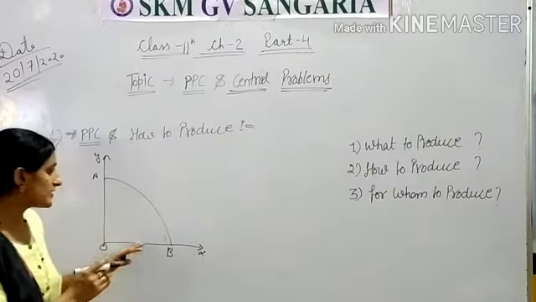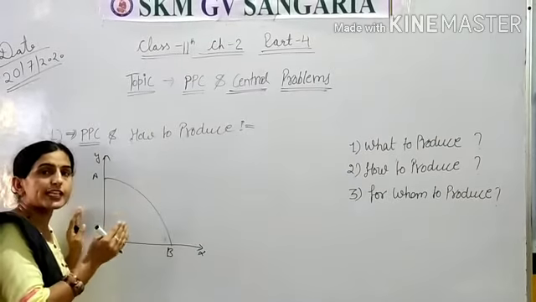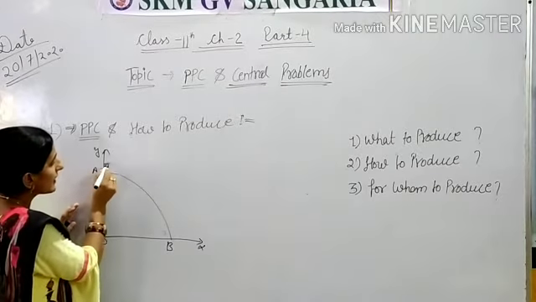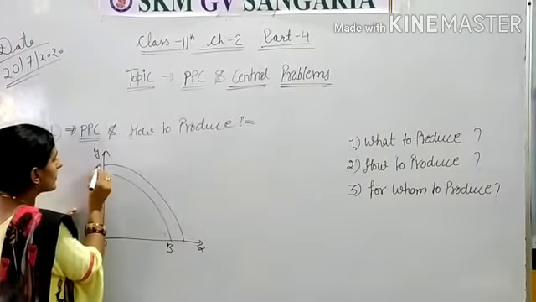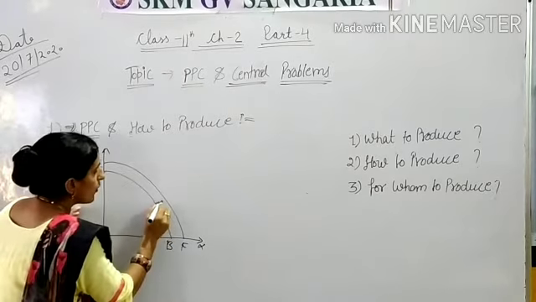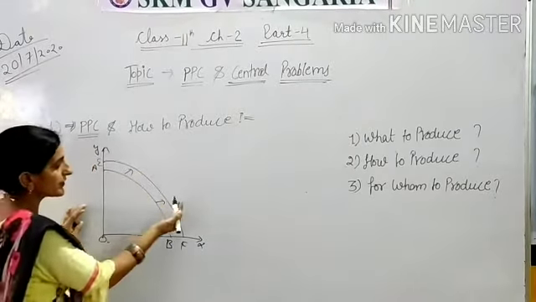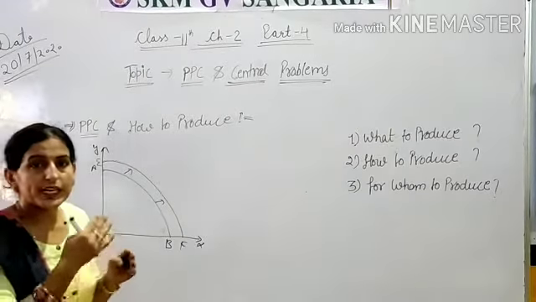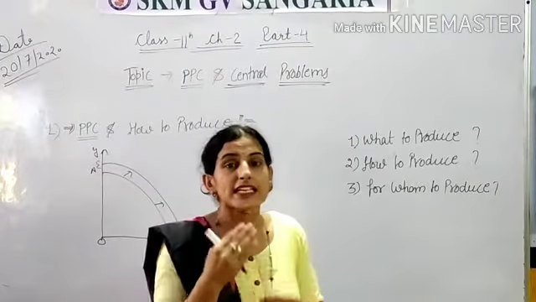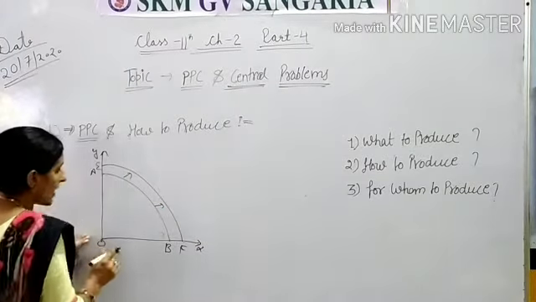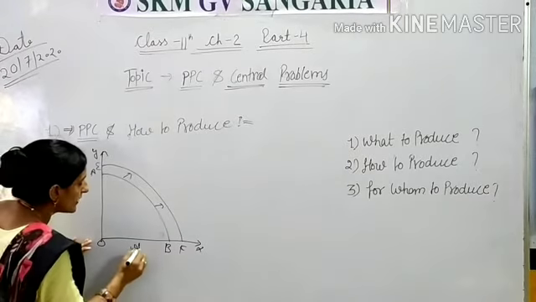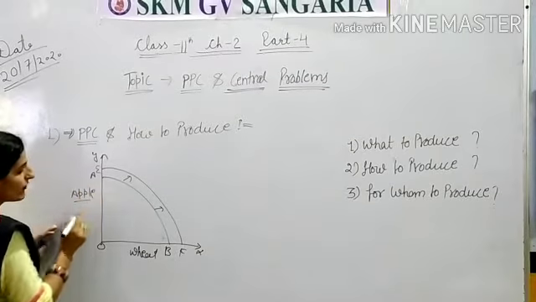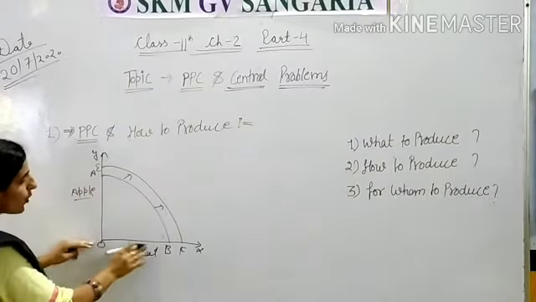So if a country goes from traditional technique to modern technique, we can say the capital intensive technique, then the AB, the whole PPC curve, will shift outwards. If a modern technique is adopted, and by that technique our production is increasing. Okay, you can see in this diagram on the OX axis we have taken wheat and on the OY axis we have taken apple. Okay, firstly we are producing AB, OB and OA.